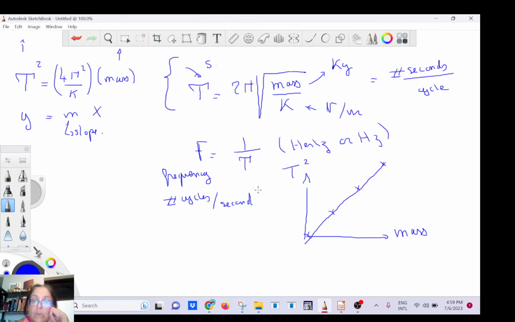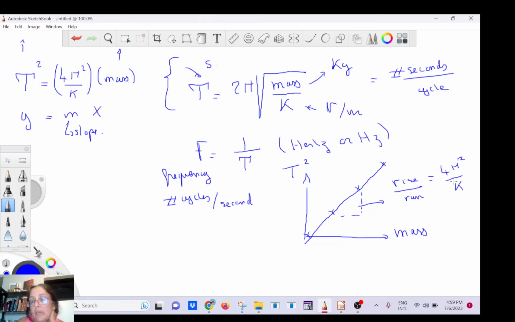So you do the experiment with the same spring, different masses, and you find, for example, how long it takes for 10 cycles, and then you divide by 10 to find the period. Then you make your graph here: period squared versus mass. Now the slope here, which is rise over run, is going to be equal to 4 pi squared over k.